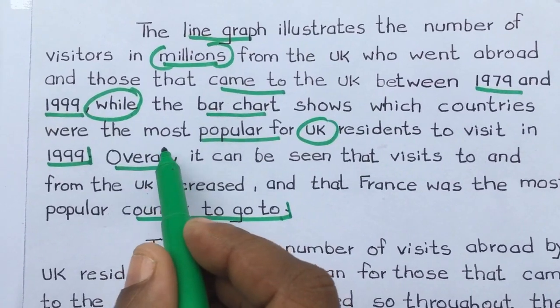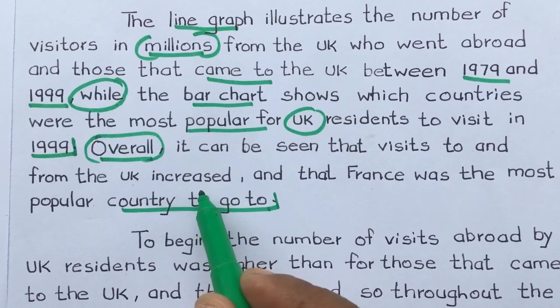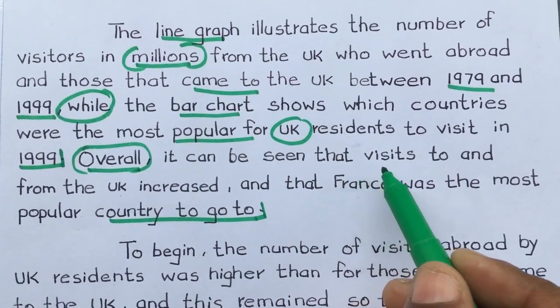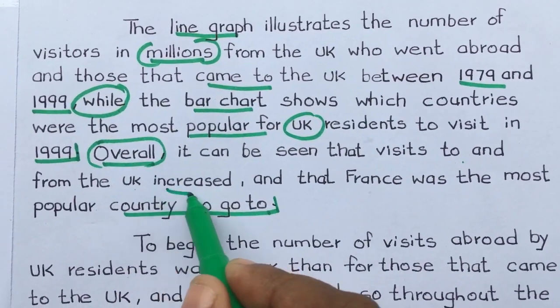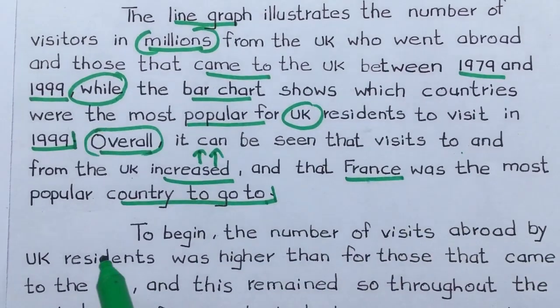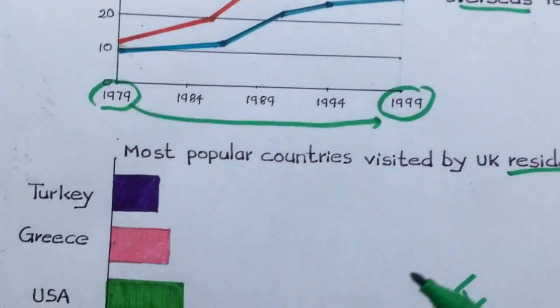Here I have used 'overall' because I am going to give the overall trend. It can be seen that visits to and from the UK increased. What is the trend here? It increased, and that France was the most popular country to go to. So let's move to the diagram and I'll explain.